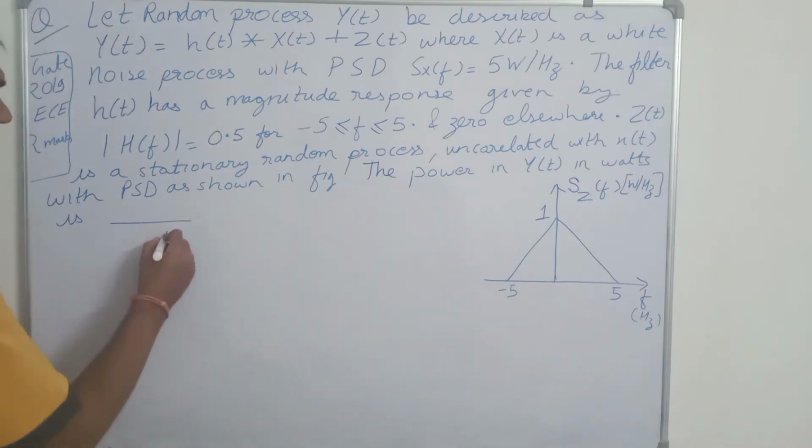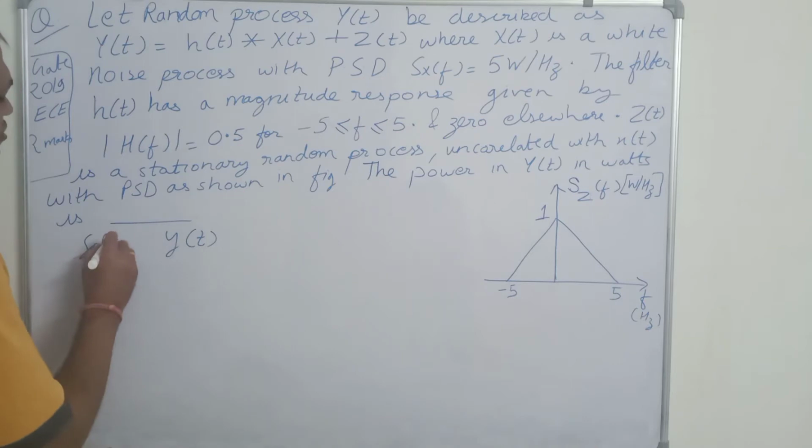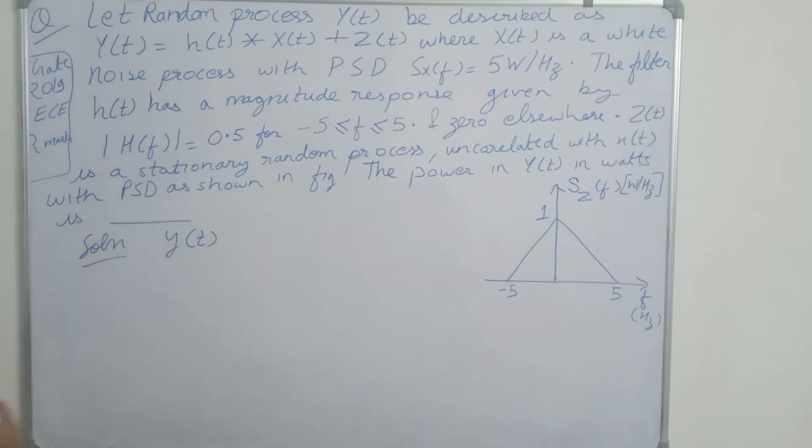So y of t is given as h of t convolution with x of t plus z of t.